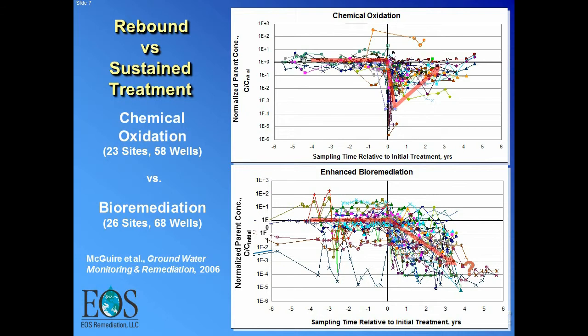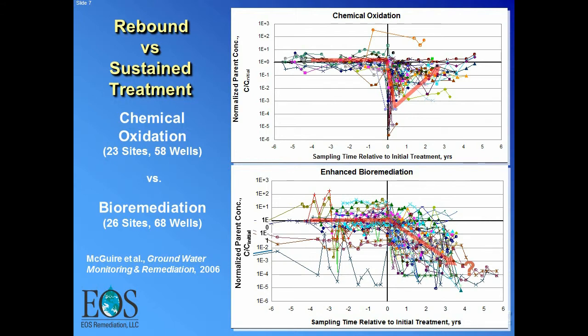That's C divided by C initial on the y-axis, and the x-axis is time relative to initial implementation. Before implementation, all the lines bounce around a value of 1, or e to the 0, which is just 1. And so what that says is, before treatment, there's really no effect.